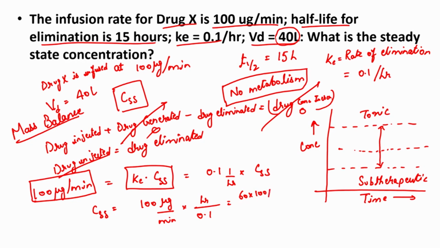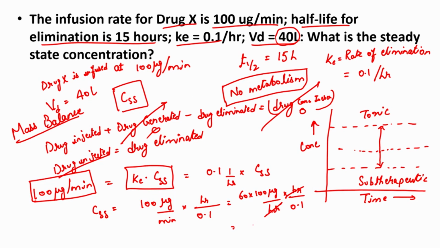So that is now µg divided by hour. This then gets multiplied by hour divided by 0.1, so the hour can get cancelled.